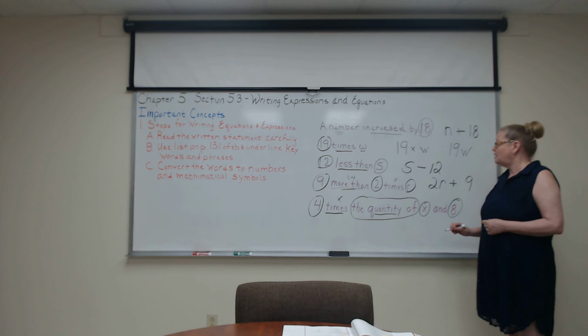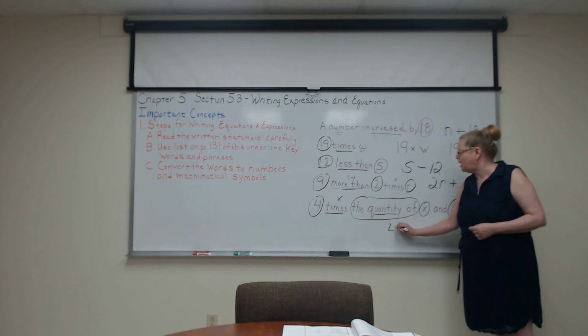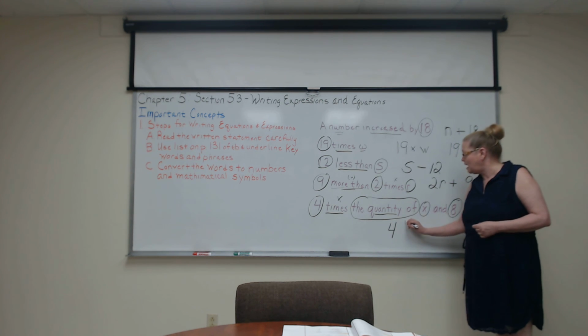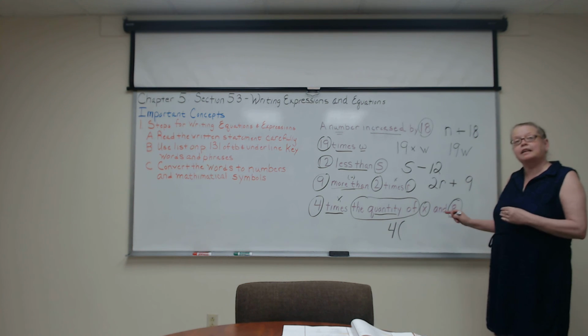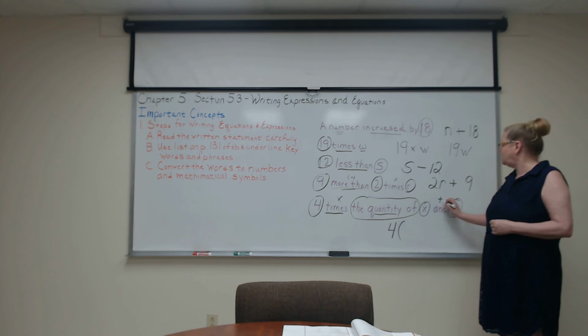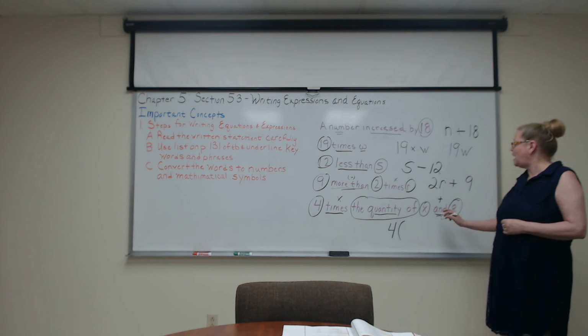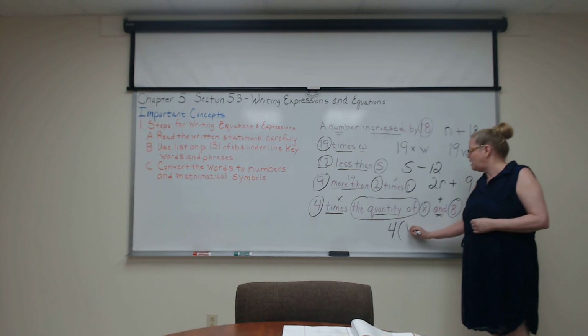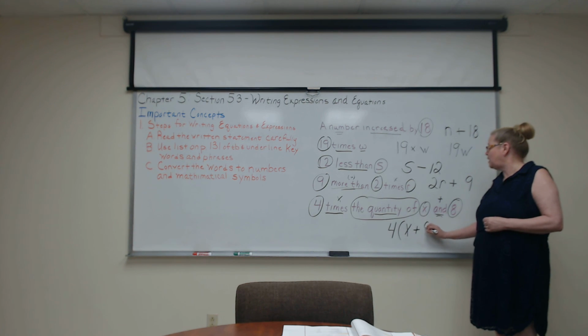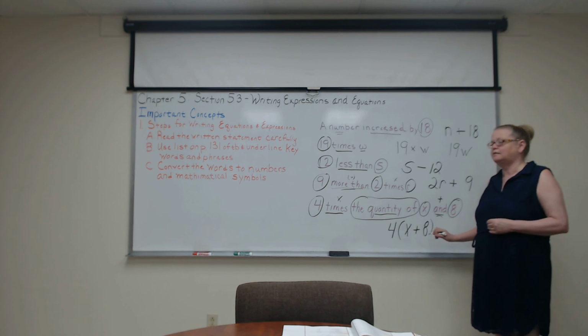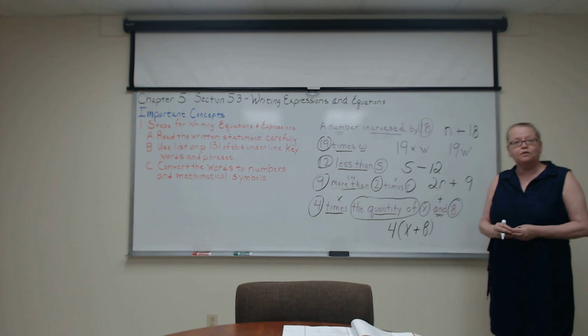So we know that this is going to look like 4 times the quantity of x and 8. And it's telling us we need to add. So we have 4 times x plus 8. So this gives you an overview of how to write out different types of expressions and equations.